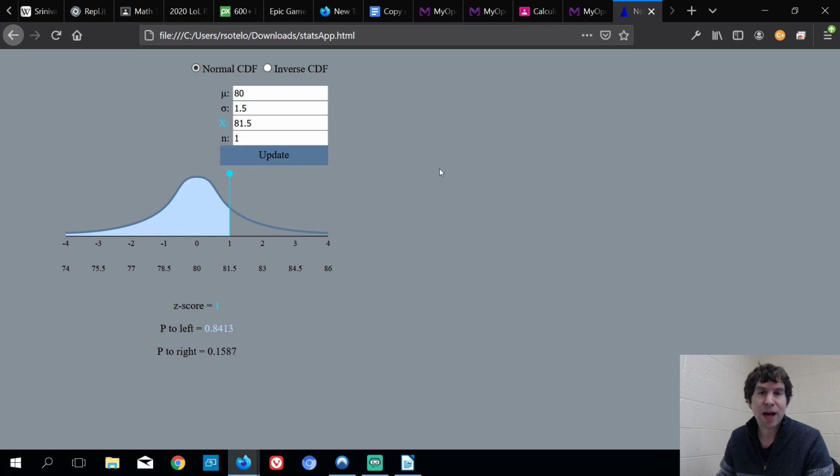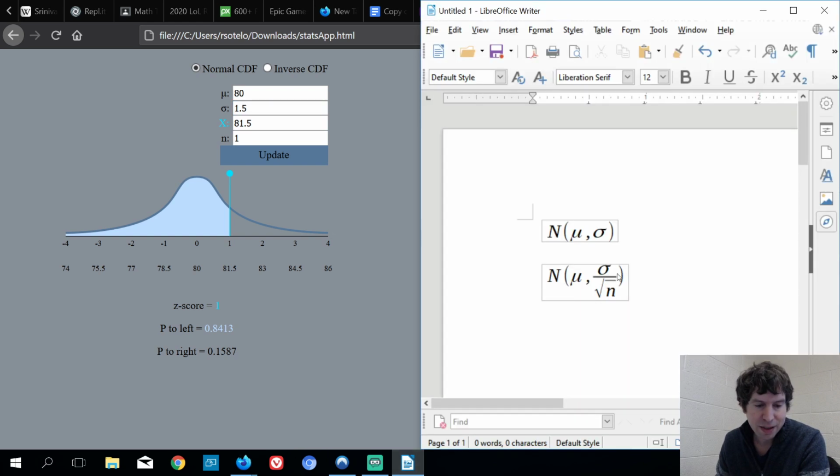What's the probability that they will average to this height or less, or this height or more? Otherwise, it's the same as we were doing before. You just have to adapt your standard deviation by dividing by the square root of the sample size.